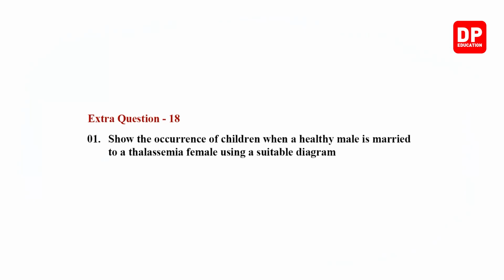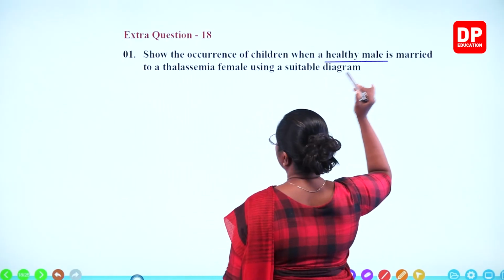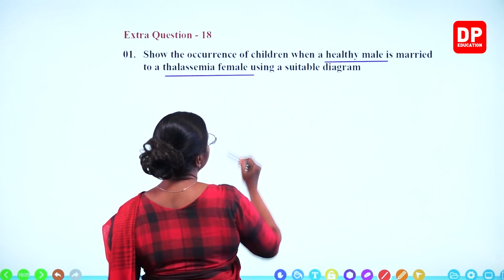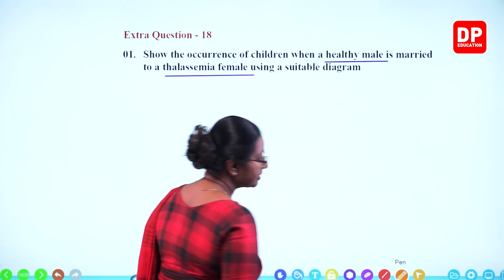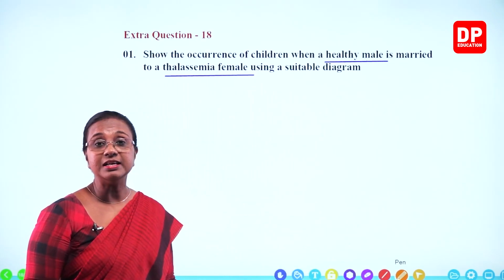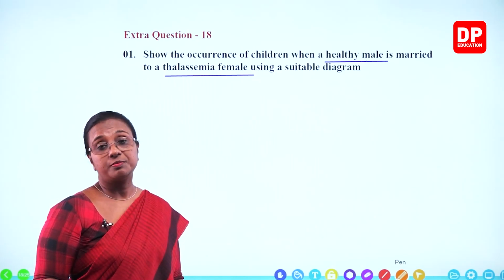Extra question 18. Again, show the occurrence of children when a healthy male is married to a thalassemia female using a suitable diagram. So, a healthy male, thalassemia female. Now, thalassemia is a condition that is caused by the autosomal chromosome.